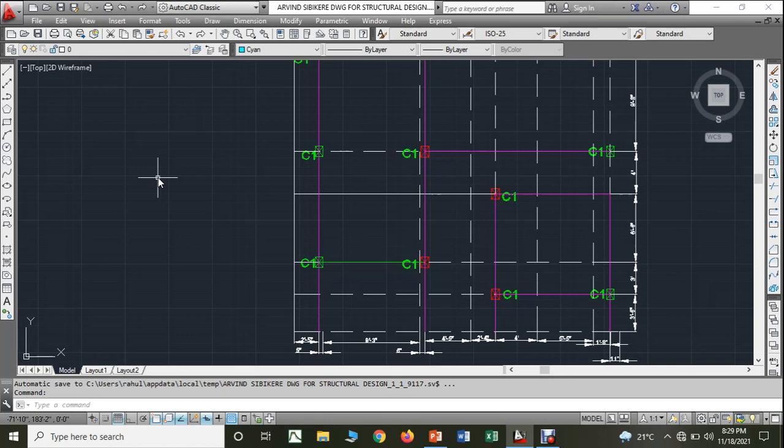Now, the most common three types of columns are the circular column, the square column, and the rectangular column. In that, we usually rule out circular columns, because casting circular columns needs special formworks.